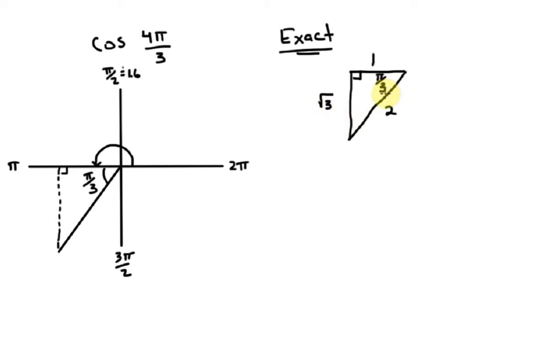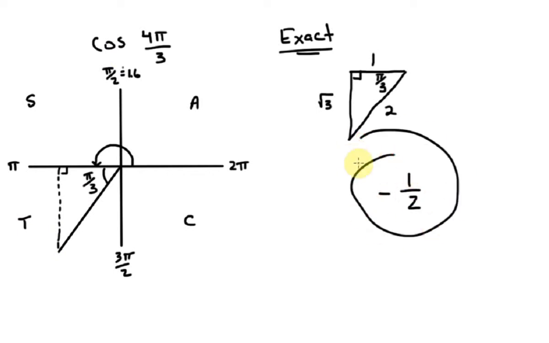All right, so now I'm looking for the cosine of this thing. Well, that would be adjacent over hypotenuse. So numerically it's 1/2. The only question is, should it be positive or negative? Well, look at the quadrant we're in. Cosine in this quadrant is going to be negative. So there's my answer. Nothing to it.